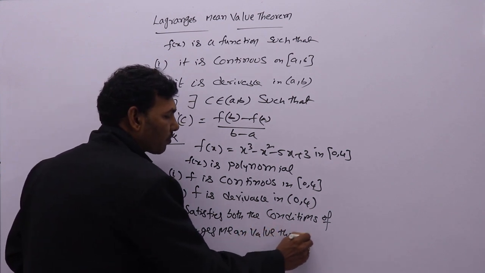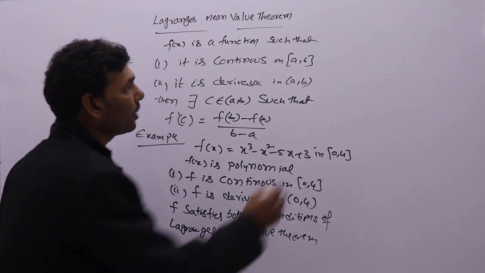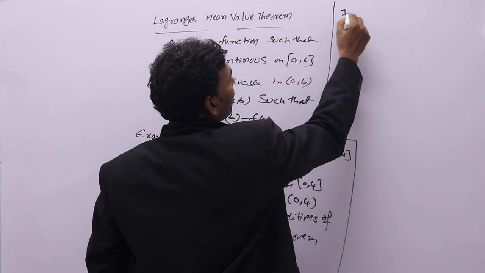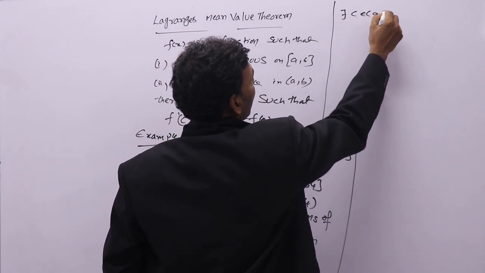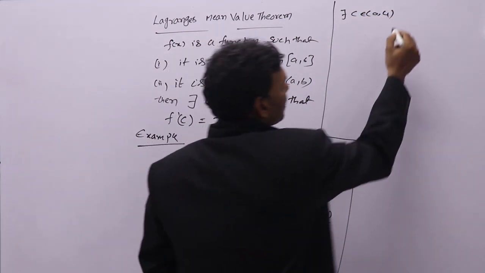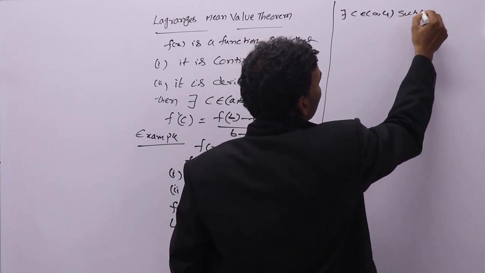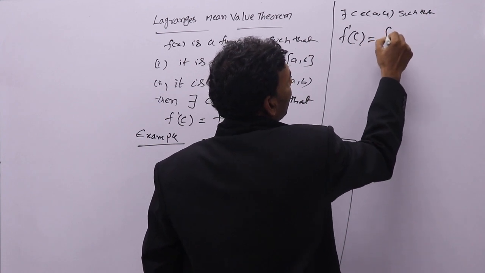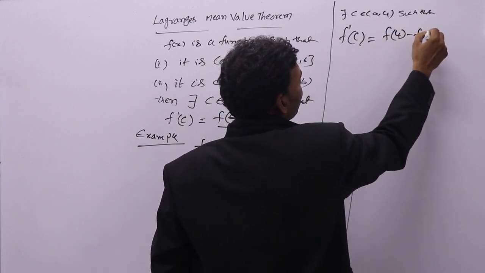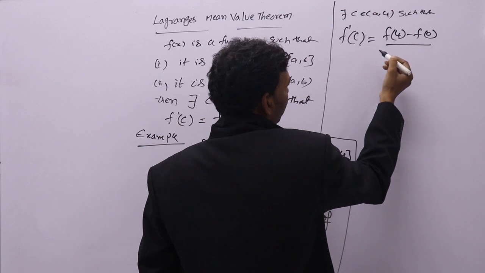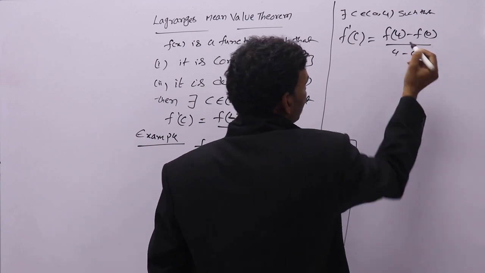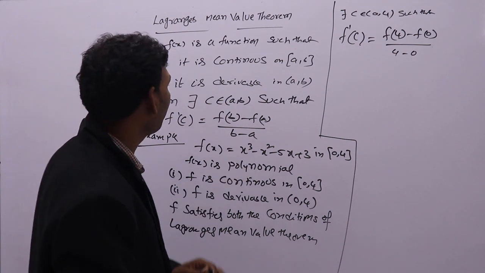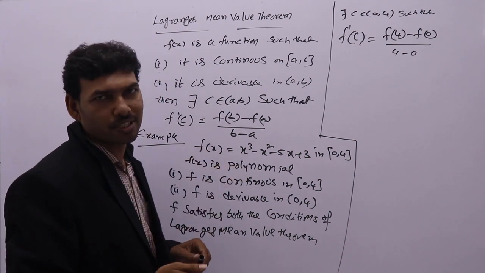Then there exists c in the open interval (0, 4) such that f'(c) = (f(4) - f(0))/(4 - 0). Now f'(c) means you need to differentiate the given function with respect to c.